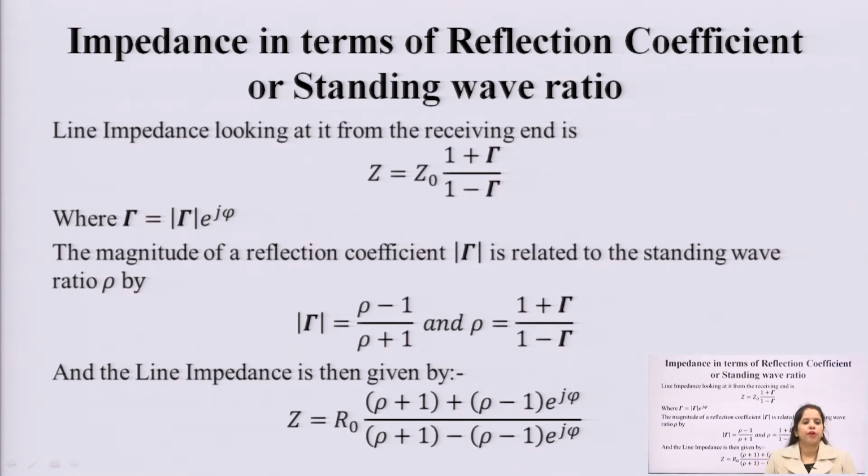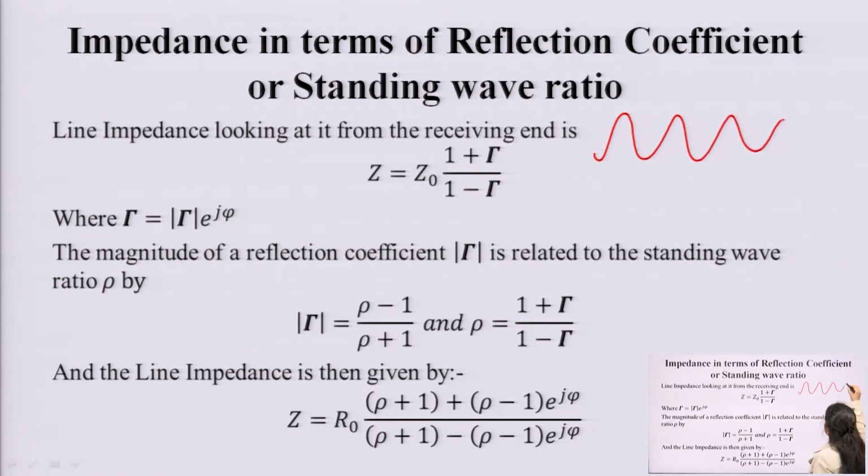So, basically the reflection coefficient and the standing wave ratio arise when there is a mismatch in the impedance. Mismatch in the impedance means that apart from the incident wave, there will be a reflected wave.